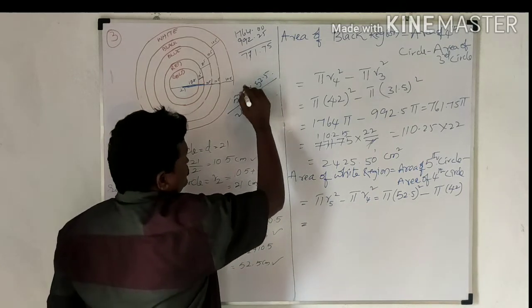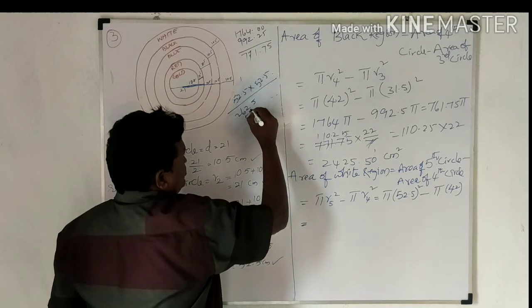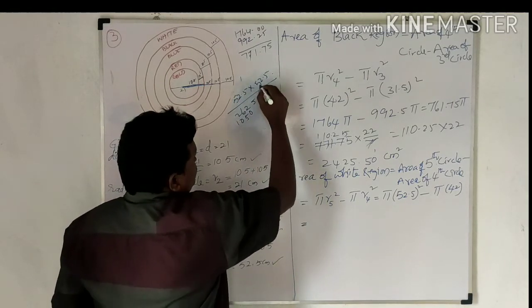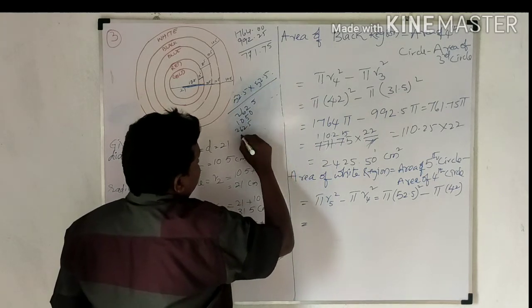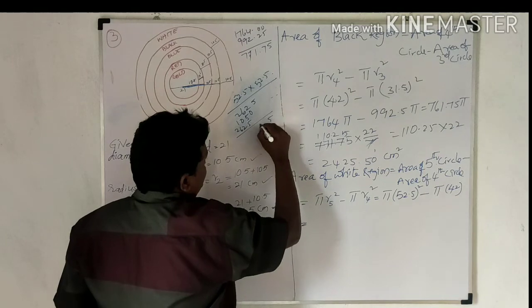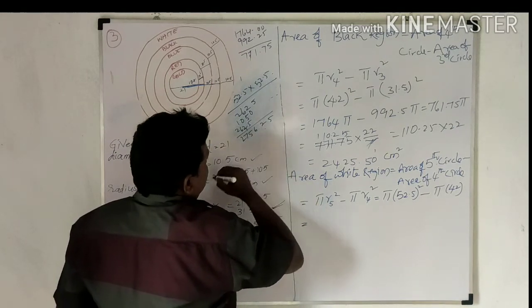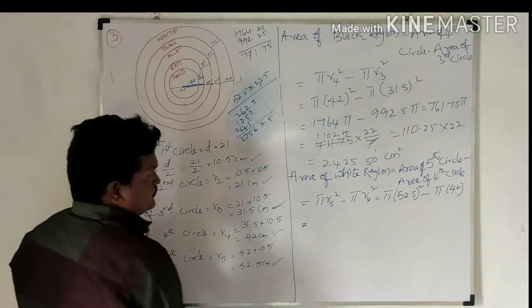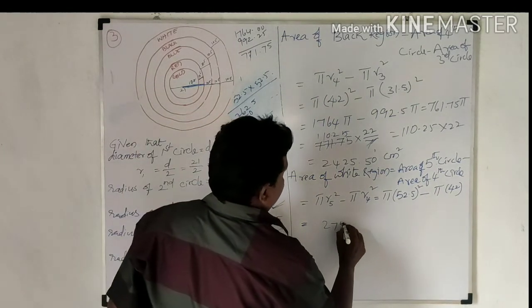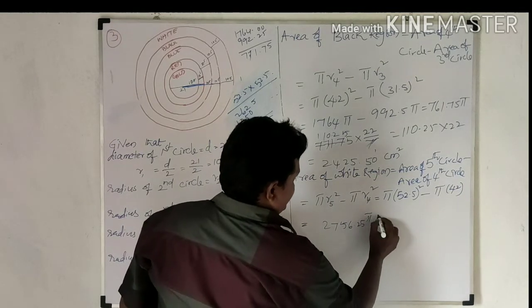Again with 2: 2 5s are 10, 2 2s are 4 plus 1 is 5. Again by 5, same, we will get 2625. So this is 2756.25 pi.